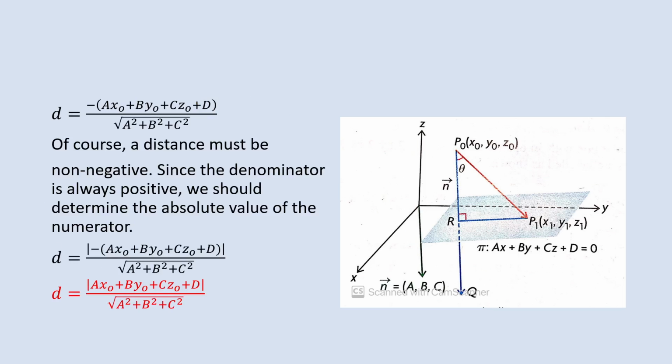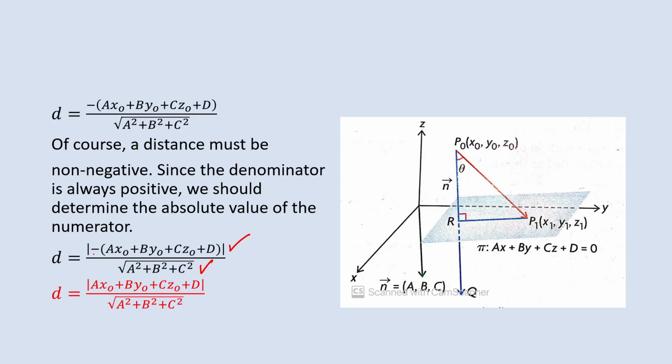Now, remember, distance has to be non-negative. So the denominator shown there is always going to be positive because we don't have a non-existent plane. So therefore, a, b, and c are actually not 0. And we're doing the square root of the sum of squares, so it's going to be a positive number. So we know this denominator will be positive. And let's just put an absolute value around the numerator.